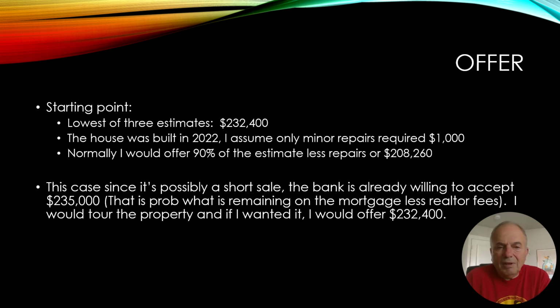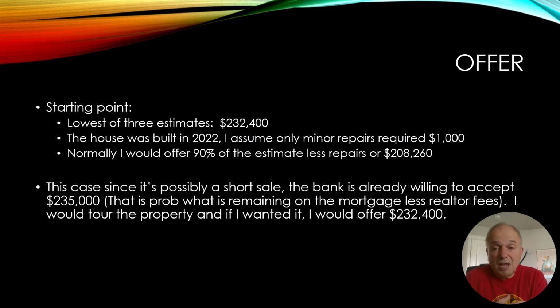If I sorted that out and was sure that it's probably what's remaining on the mortgage toward the property, and if I really wanted it, I would look at the 232.4. So I actually would probably come up off that 208,260. But my normal starting point, and what I want you to leave with, is where you should start: 208,260.